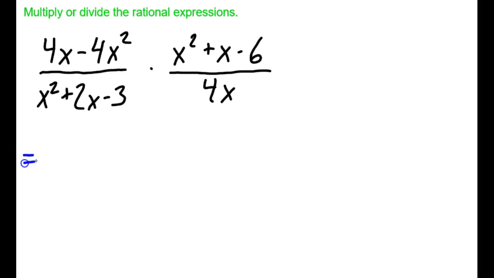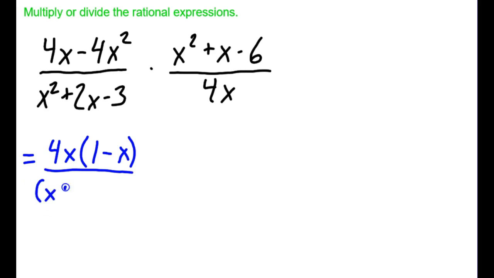So looking at this problem, if we have 4x minus 4x squared, can I factor that? Well, both those terms have a 4x in common, so I'm bringing a 4x out in front. I'll be left with 1 minus x. Now I want to factor the denominator, x squared plus 2x minus 3. So factors of negative 3 that when I add together give me a positive 2.